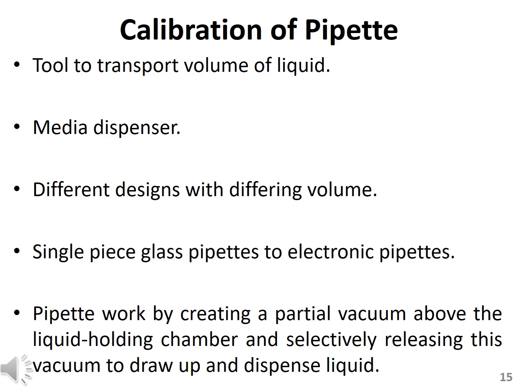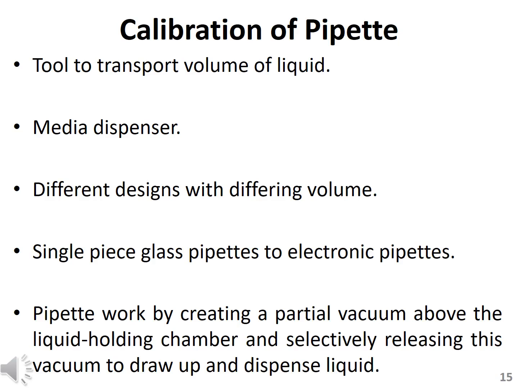If we are working with a glass pipette, which is usually known as a Pasteur pipette, the accuracy and the precision is different. And if we are working with the electronic pipettes, that is micropipettes, these micropipettes were first patented in 1957 and got commercial production in 1961.